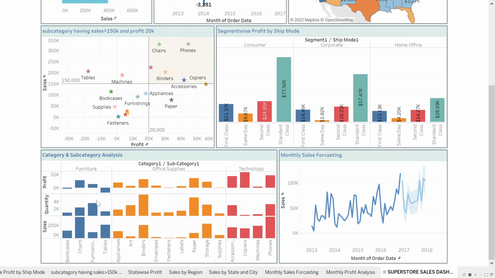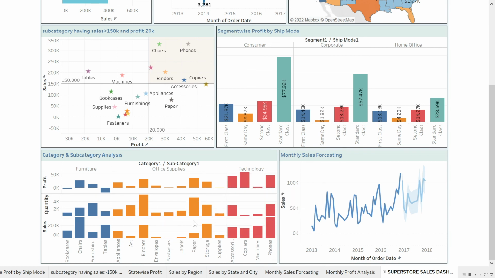We can see that the tables subcategory has the highest amount of loss in the furniture category, where the chairs subcategory has the highest profit in furniture. Also binders and paper have the highest profit in office supplies, and overall the technology category has the highest profit. So I would suggest adding more subcategories in the technology category to increase profit.